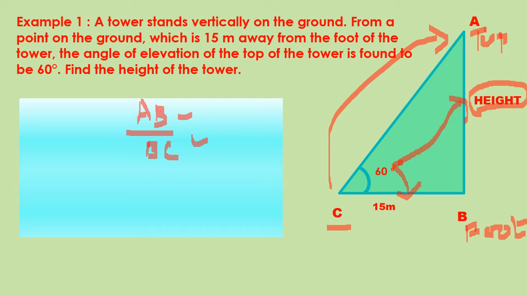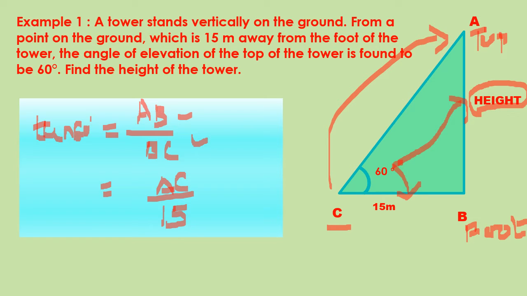So opposite upon adjacent will be tan of 60. Tan of an angle is opposite upon adjacent. Therefore, here we already have the value of BC, so let us write it in the denominator.